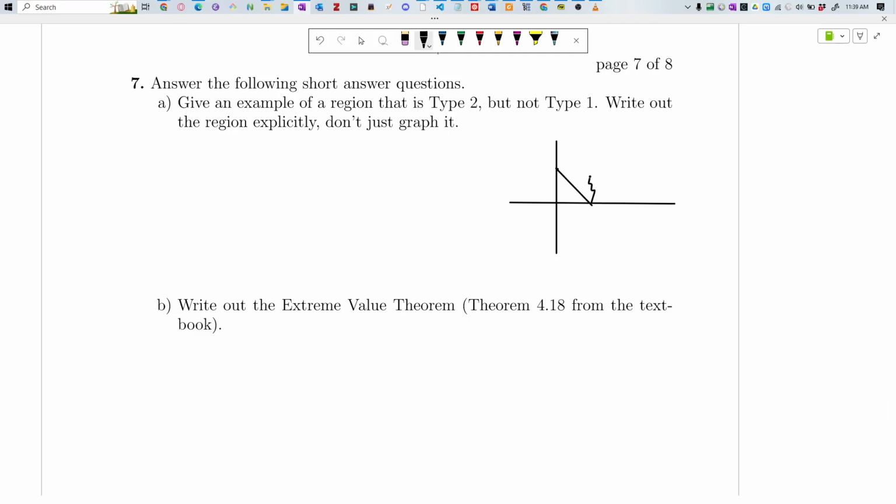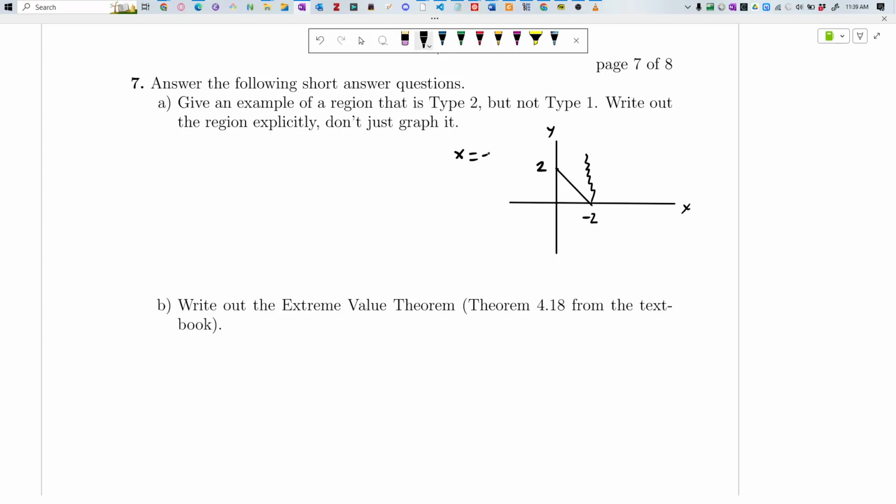Maybe at 2, minus 2, so this will be the line y equals minus x. But if I'm viewing it with respect to y, then I should be thinking of this as x equals minus y.